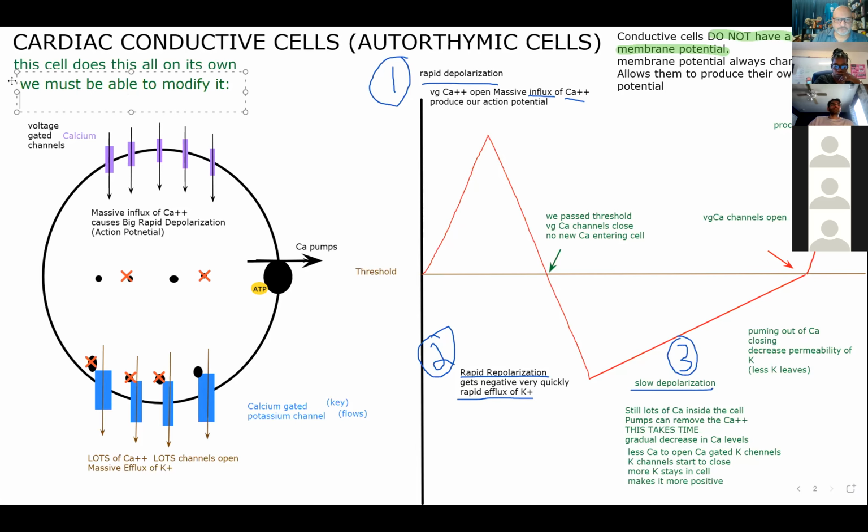And how did we say we would modify it? How do we modify your heart rate? Parasympathetic. Yeah, well, not just parasympathetic, but the entire autonomic nervous system. And hormones, right? What does the autonomic nervous system release to its target cells?